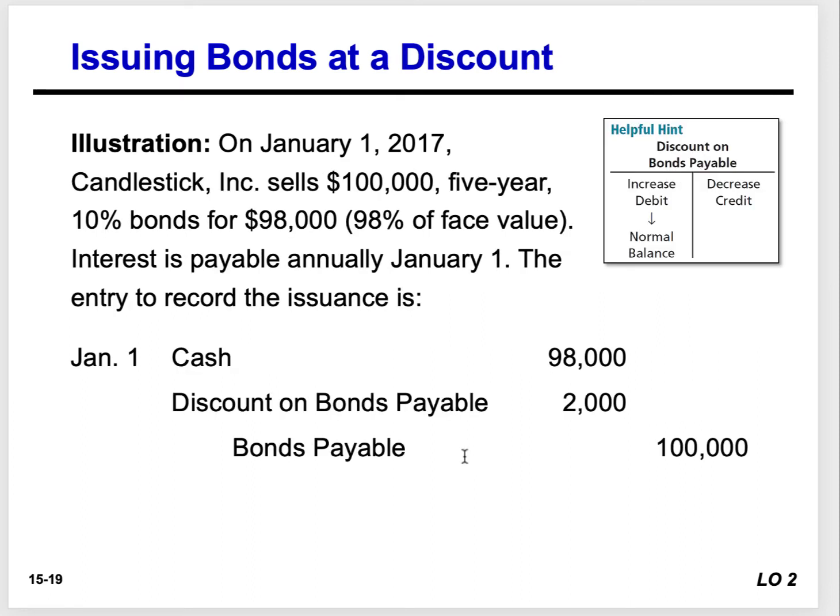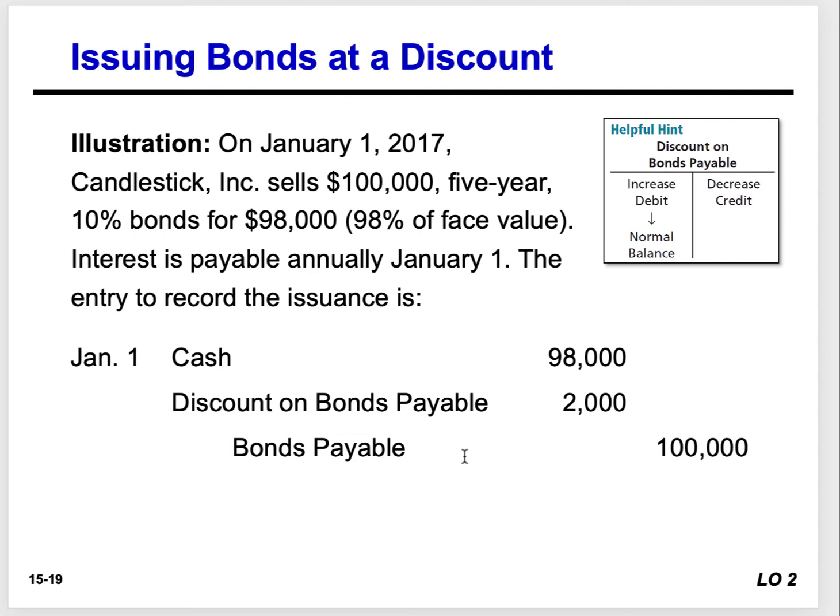Issuing bonds at a discount. January 1st, 2017, Candlestick sells $10,000, 5-year, 10% bonds for $98,000. That means it's selling for 98% of its face value. Interest is payable annually on January 1st.